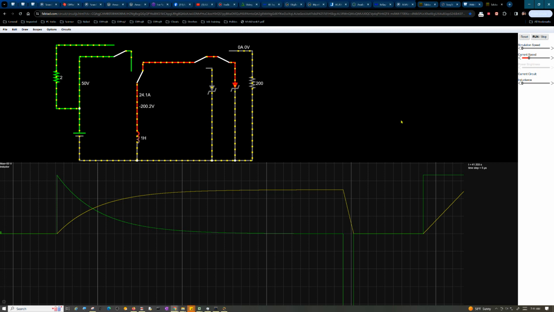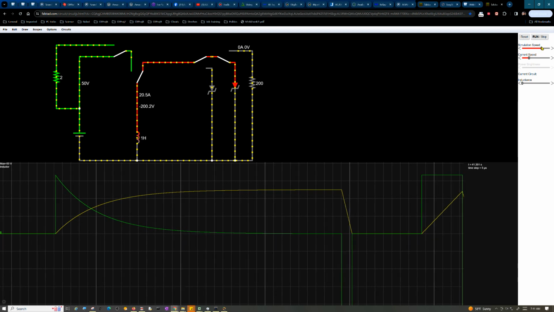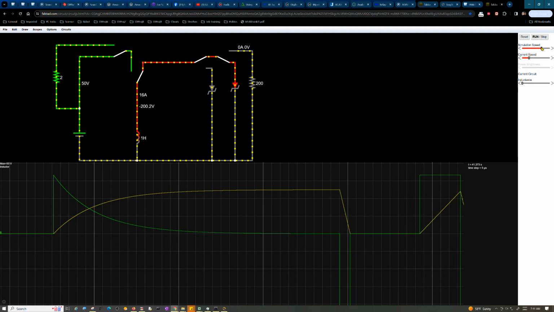So yeah, it's discharging at 200 volts, but it'll do that really quickly because it's got the same amount of energy. It's trying to maintain the same current. It's still at 24 amps, but it doesn't take long for that to drop. So it'll drop precipitously, as you can see, but it'll stay at 200 volts until it is basically fully discharged.